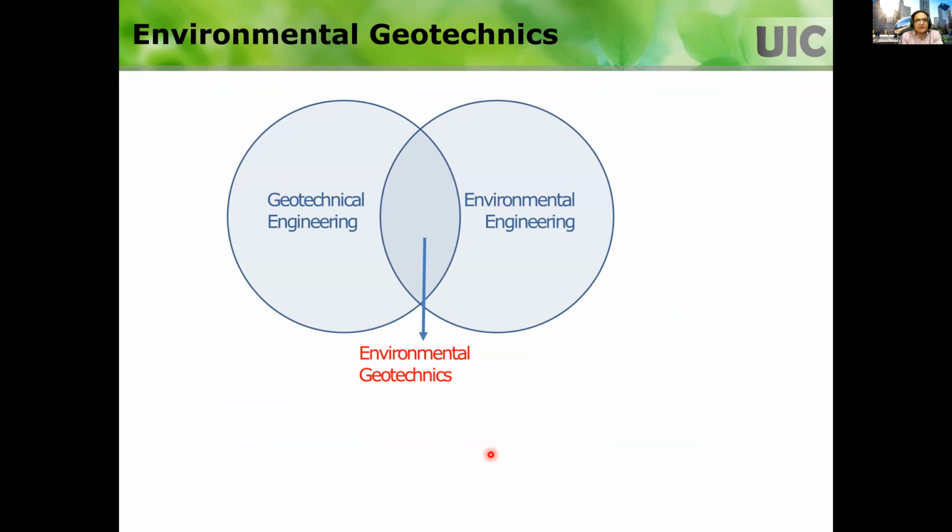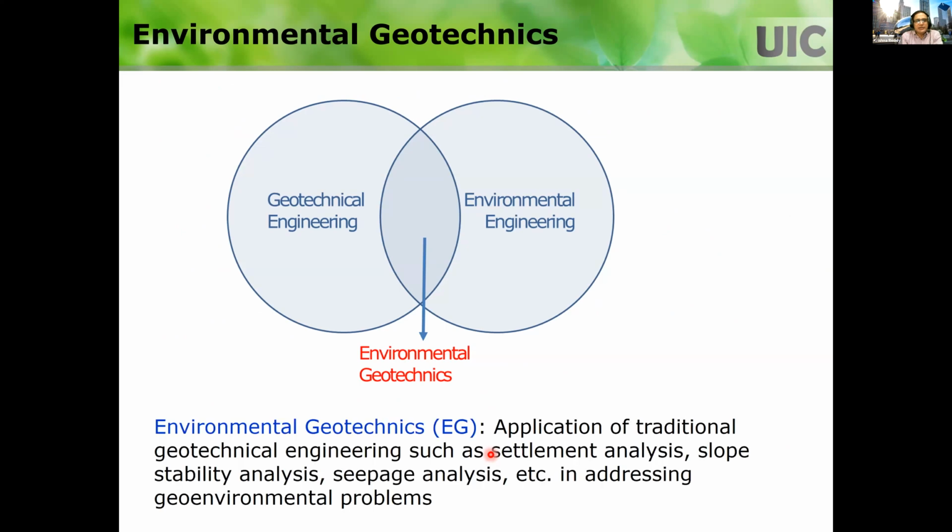So environmental engineers were there, geotechnical engineers were there. But the role of geotechnical engineering in the early days was to apply traditional geotechnical engineering, such as settlement analysis, slope stability analysis, seepage analysis, something you learn in geotechnical courses, to geoenvironmental problems.